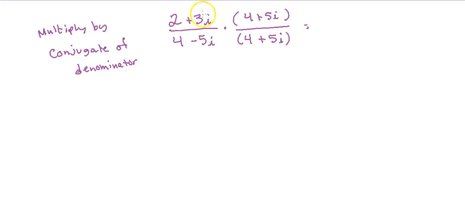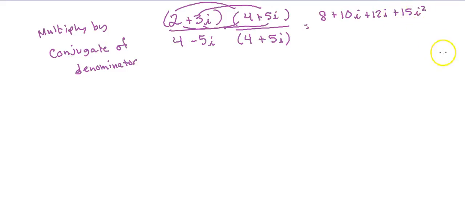So when I do that, in the numerator, you have to multiply this using the technique we just learned. I'm going to multiply the firsts, 8. Outsides, that's plus 10i. Insides, plus 12i. Lasts, plus 15i squared.